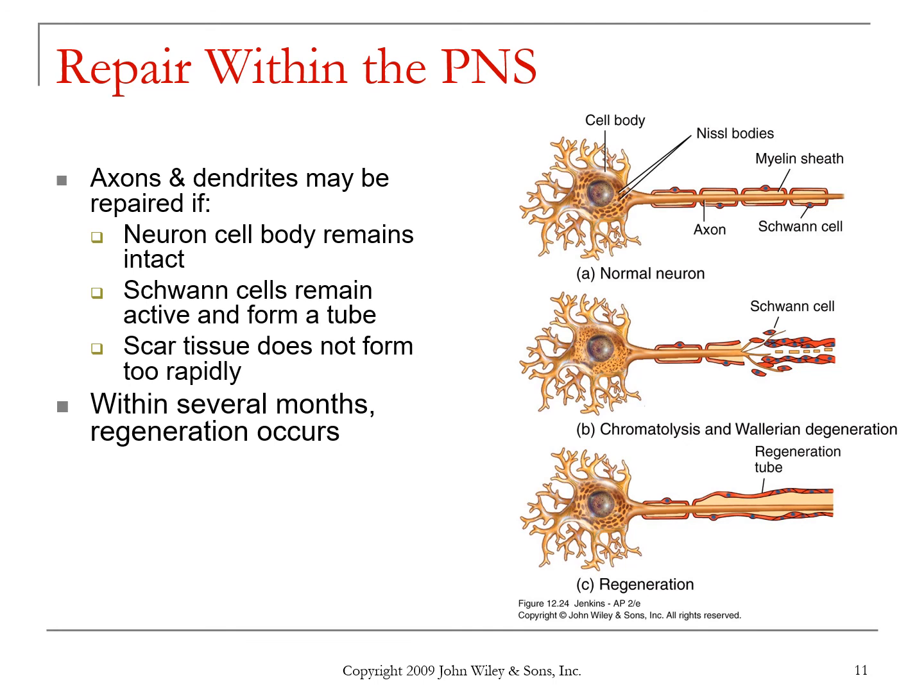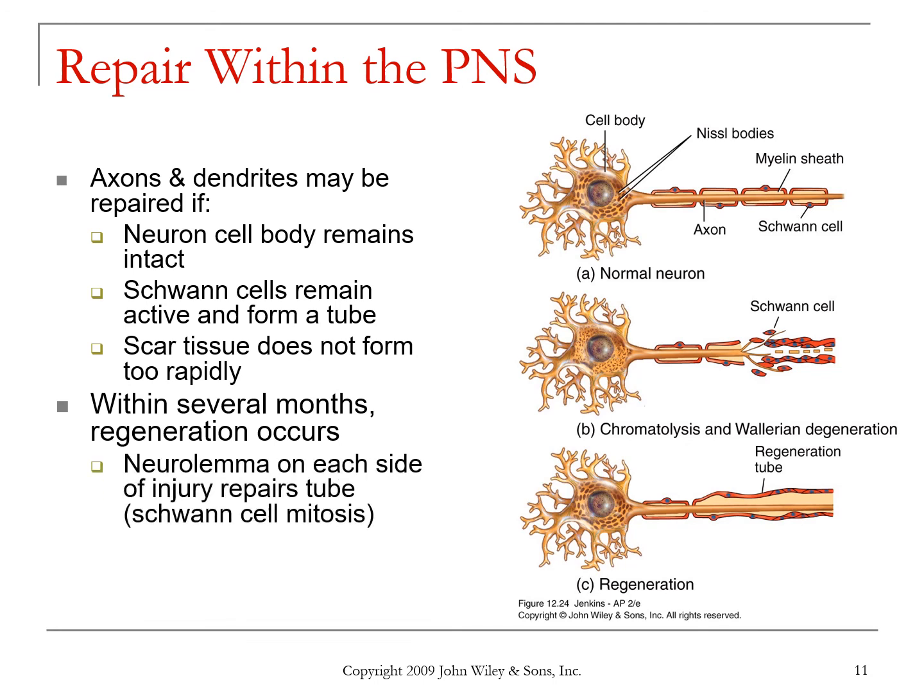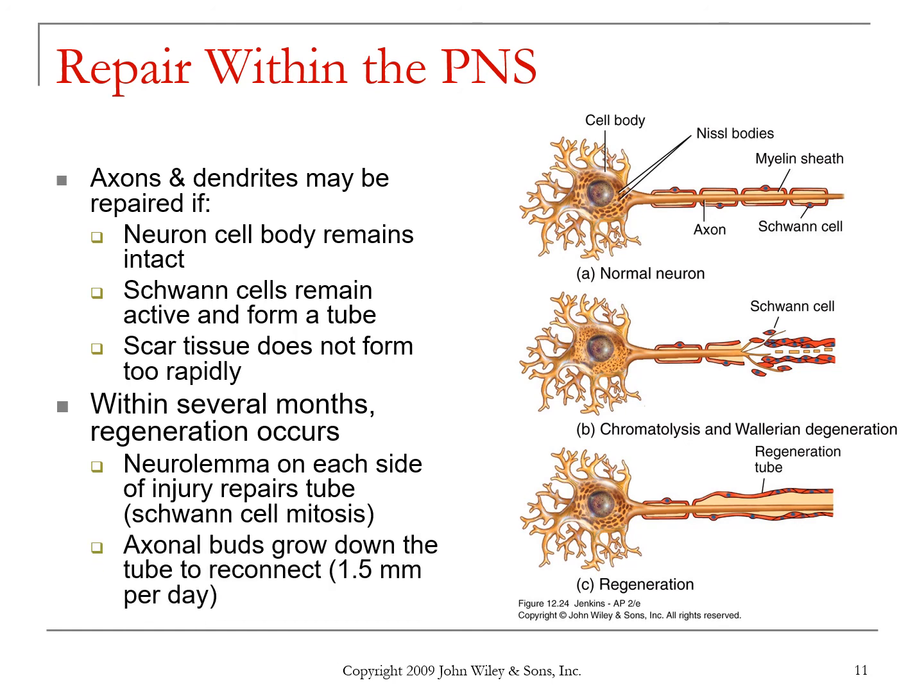And if the conditions are right, within several months, regeneration or growth of the axon can occur. But note that this is only in the peripheral nervous system. Axonal buds grow down the tube to reconnect, but grow at the incredibly slow rate of 1.5 millimeters per day.